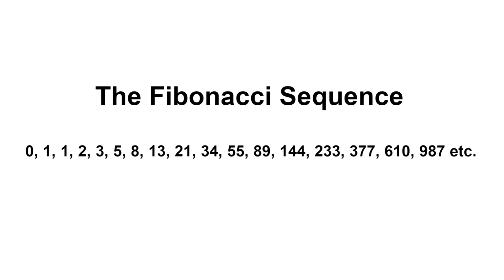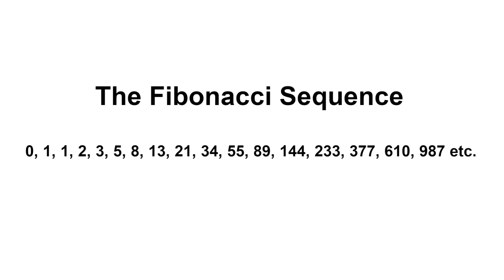And the beautiful thing about this particular sequence is that it's deeply embedded in the way that everything grows. Everything that lives is subject to this particular sequence in terms of its growth.